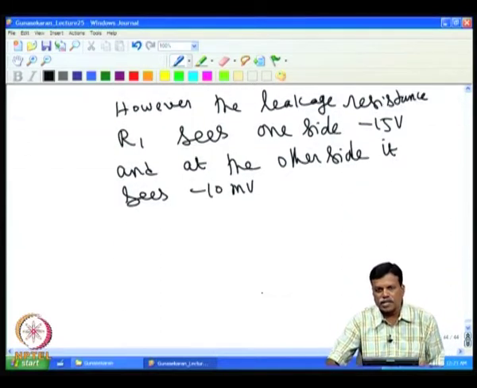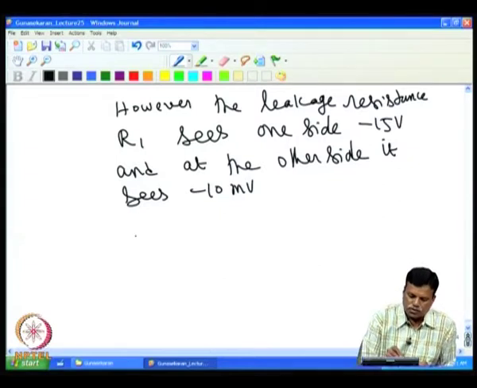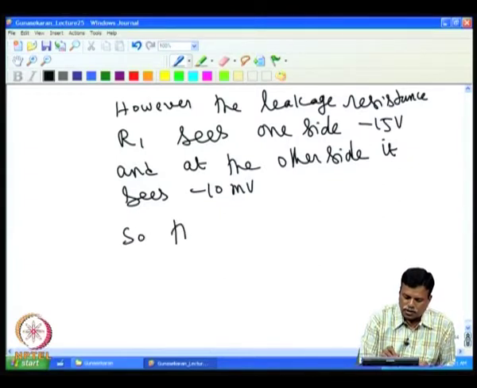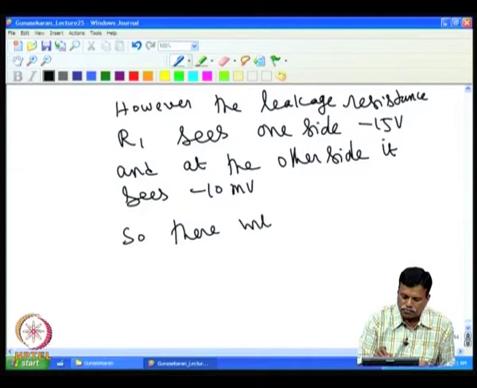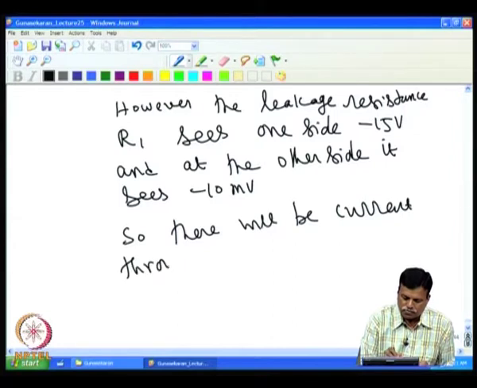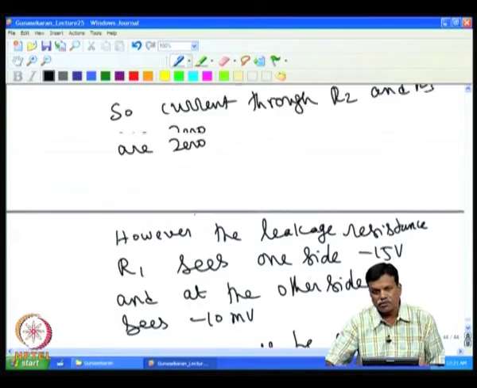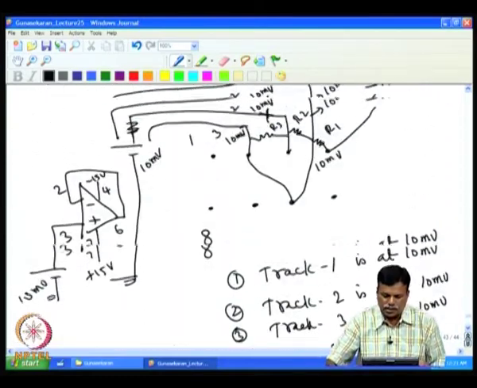So, there will be a current through R1. However, this current will not produce any error at the output.